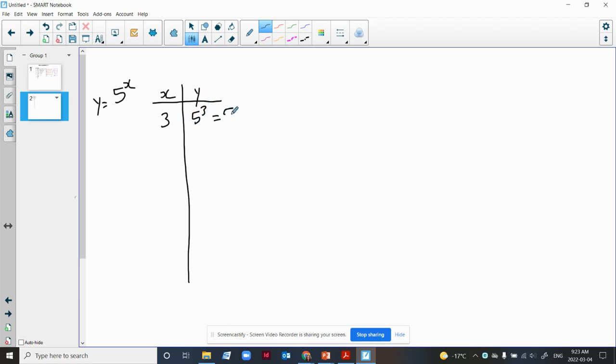That's 5 times 5 times 5, which is 5 times 5 is 25, times 5 is 125. And then let's say x is 2, so 5 squared equals 5 times 5 equals 25. 5 to the power 1 is just 5.